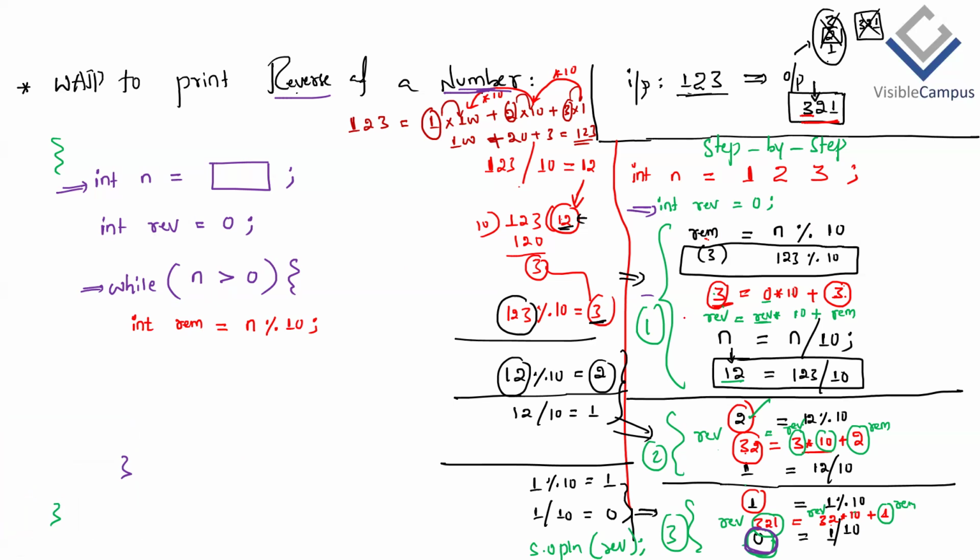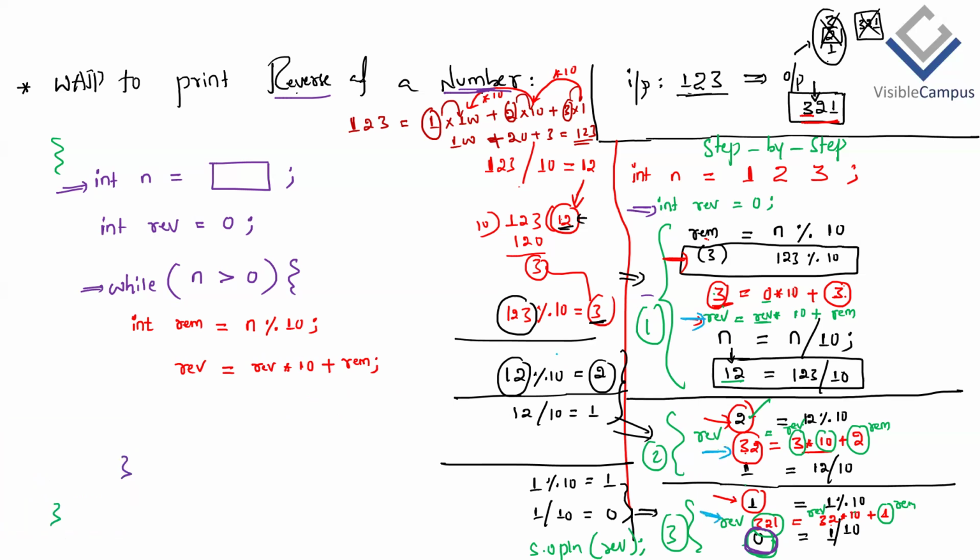What does the second step say? Use that reverse variable, multiply it by 10 every time, then add the previous remainder and assign this back to reverse only. That's step 2 everywhere. This is step 1 everywhere, and this is step 2.